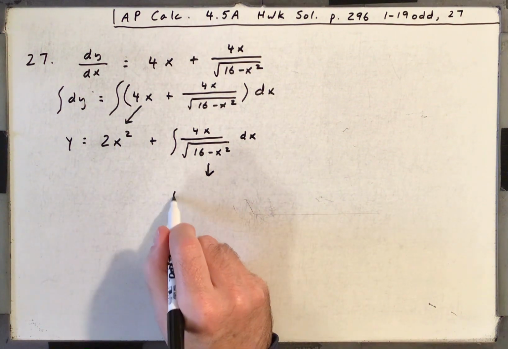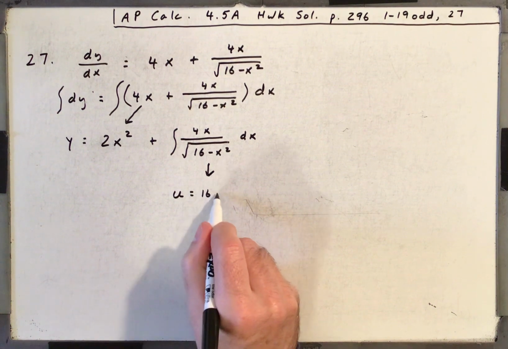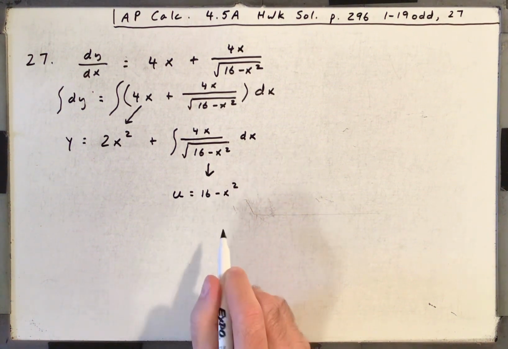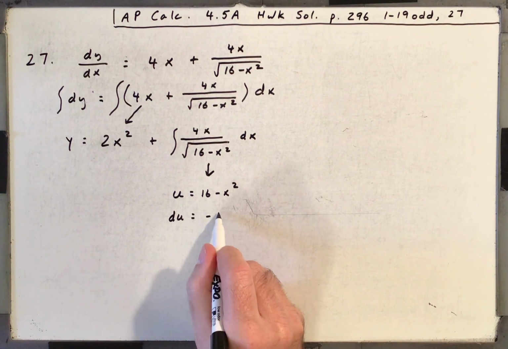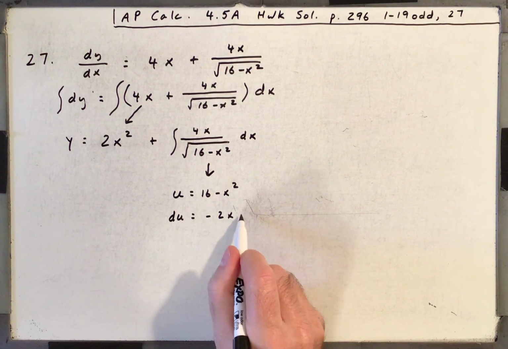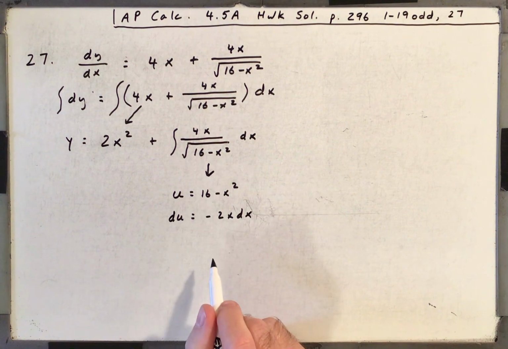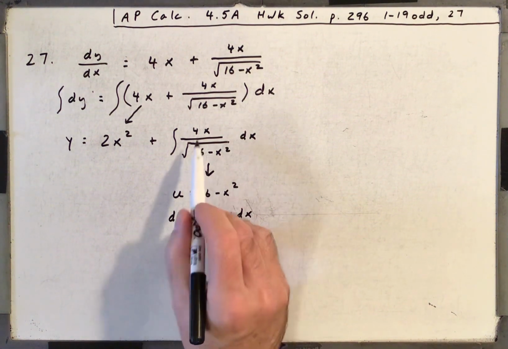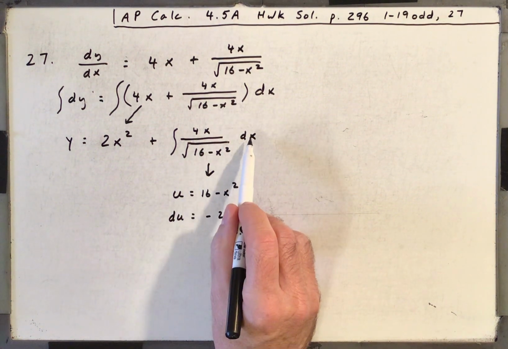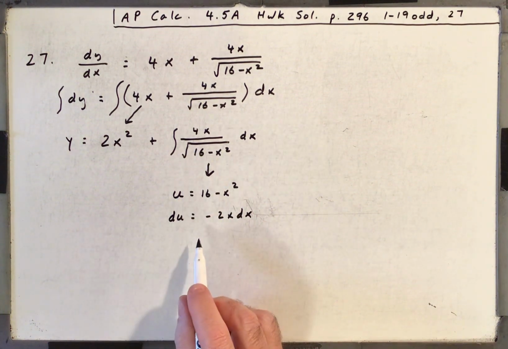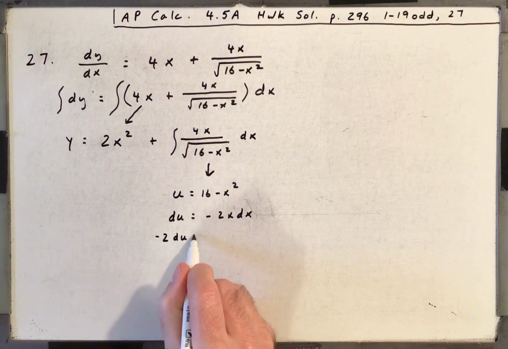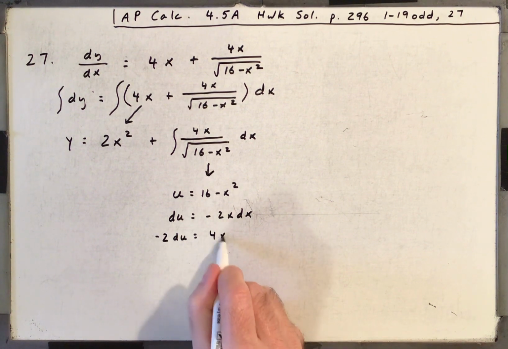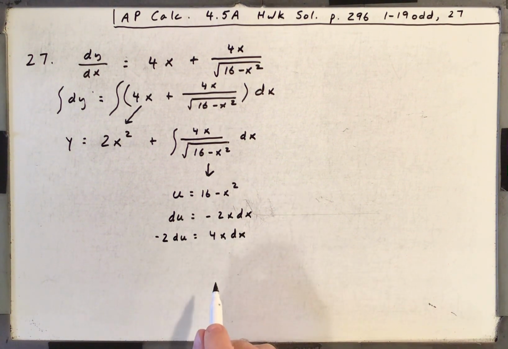Okay, let's let u be 16 minus x squared. And then du would be minus 2x dx. But I need it to be 4x dx, don't I? So how about we multiply both sides by negative 2? So negative 2 du would be 4x dx.